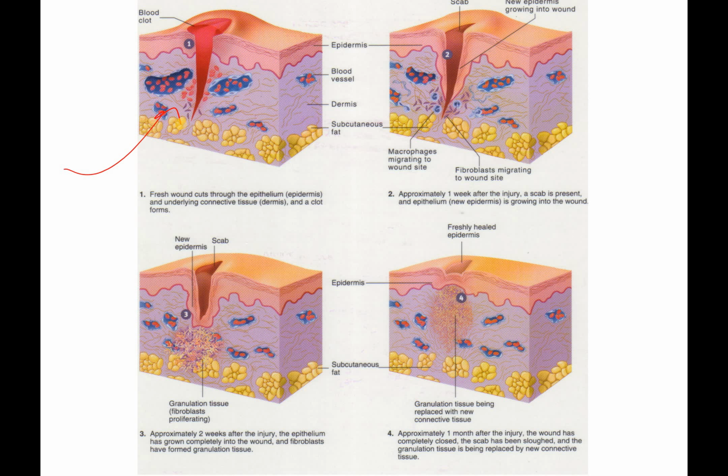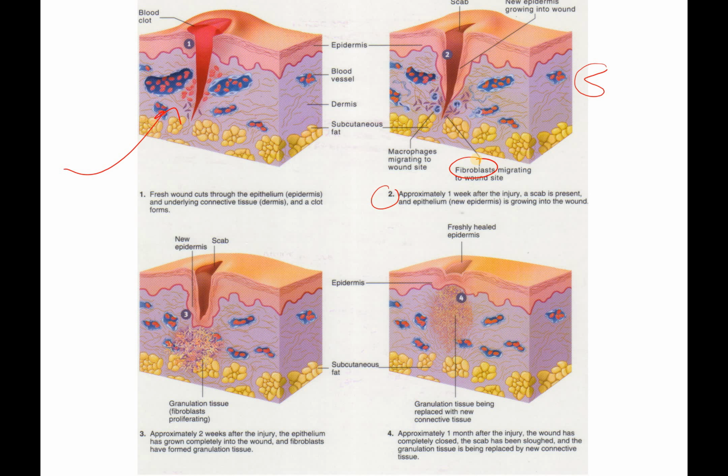So in the second phase here, now keep in mind your neutrophils and macrophages and all that are cleaning up the debris and killing the bacteria and all that. Fibroblasts, which is the type of scar tissue, they'll start to come in and heal, start to repair.